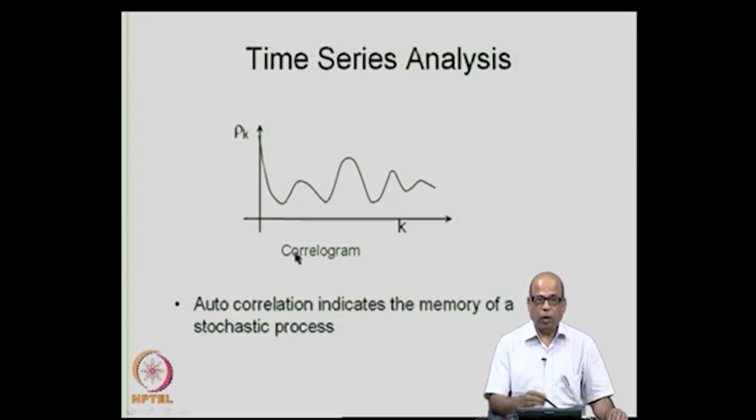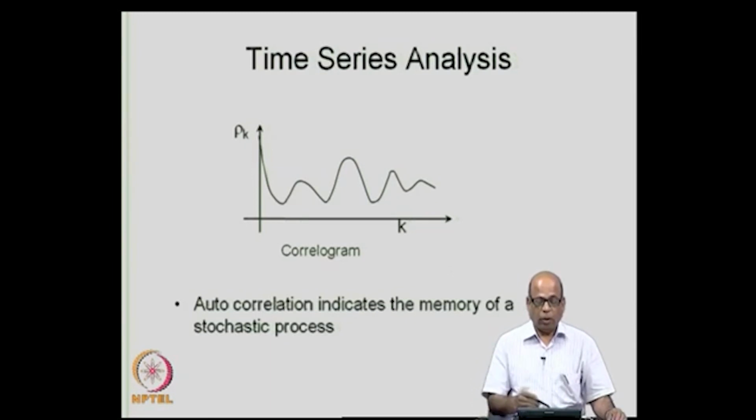On the other hand, you may also have a periodic oscillation of rho k value. So, essentially rho k or the autocorrelation function indicates the memory of the process, how far into the time it is able to remember what has happened before, and therefore, it becomes a handy tool for us to model the time series.